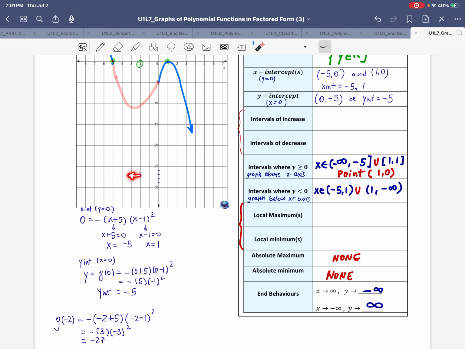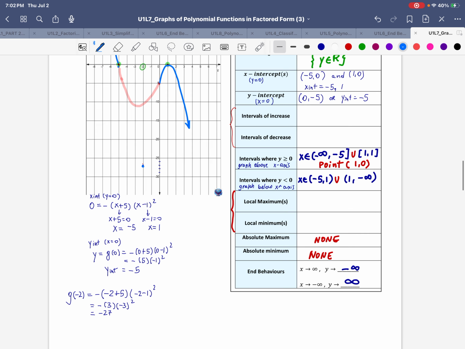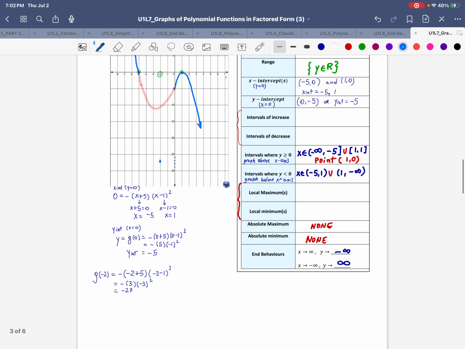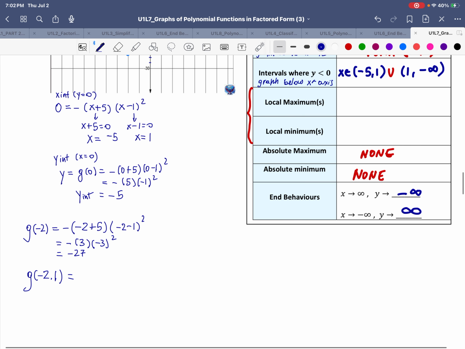towards the negatives, and I'll explain why in a bit, because it's not just a feeling, there is some reasoning to it. So we're going to have to check this at -2.1, and what we are looking for is smaller values than -27, because we're checking to see if there is any lower value in this direction. So we're going to use a calculator for this.